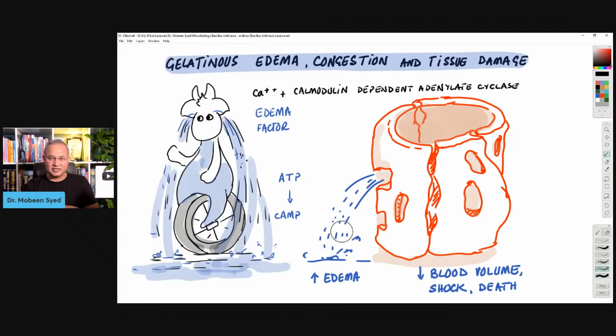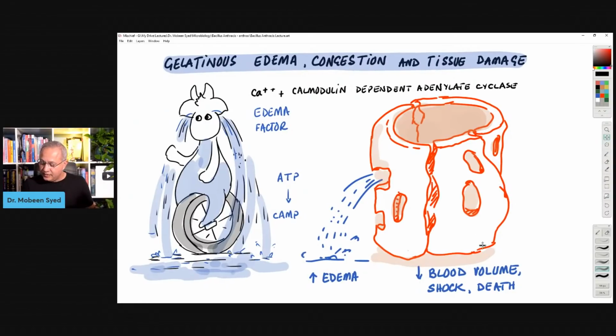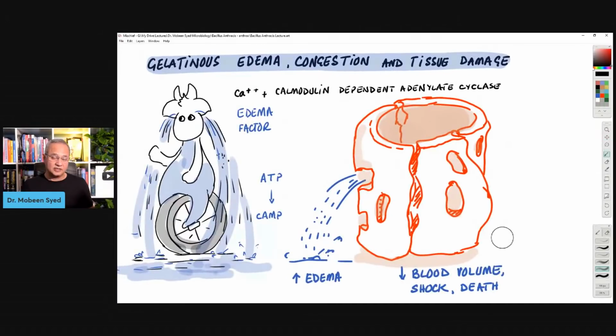This was really difficult to find, but found it. So that would cause edema in the local area wherever this infection is happening and wherever these blood vessels are infected. Now, why is it bad? Because once the patient starts losing fluids from inside the vascular system into the interstitium, the patient's blood volume and blood pressure is going to start going down, which would then lead to shock and death.